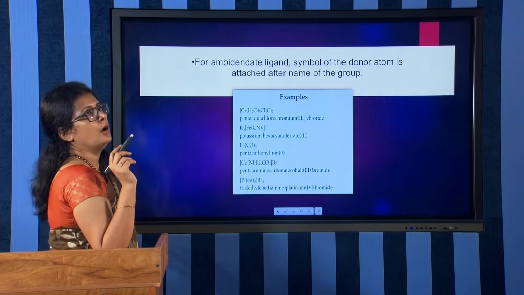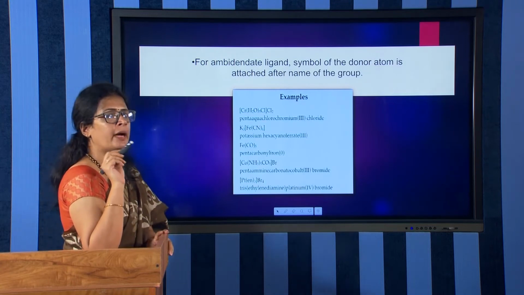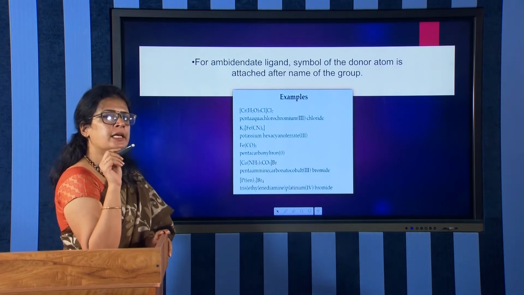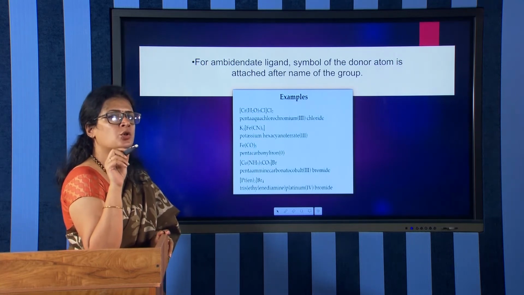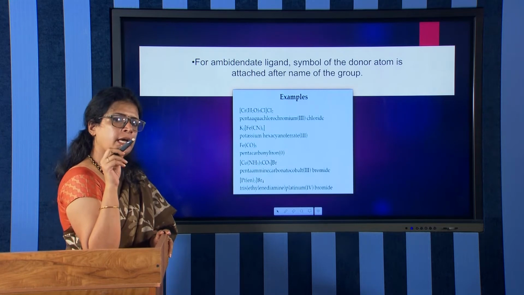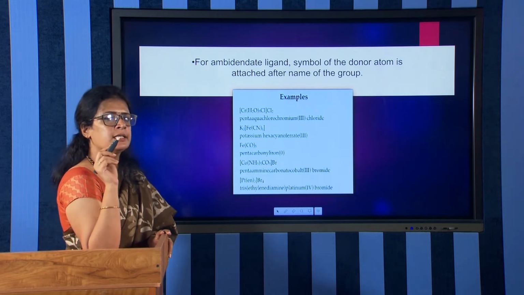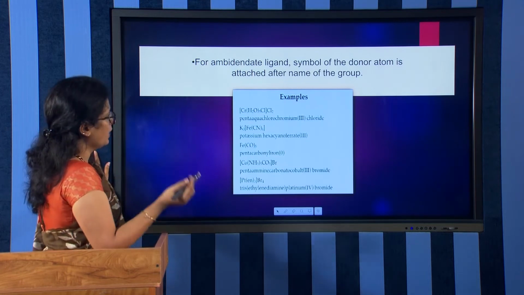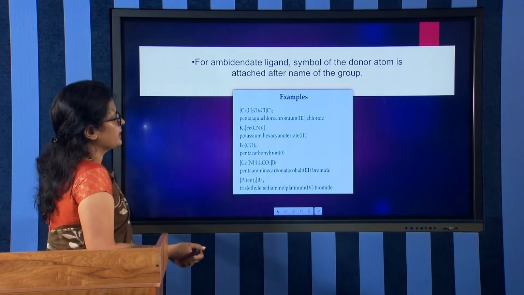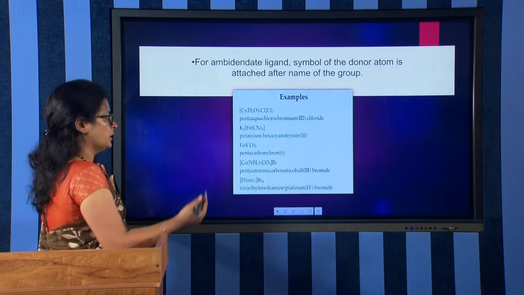For example, NO2 minus means nitrito-N. If it is ONO, nitrito-O, or this ONO can be named as nitrito. Okay. And now some examples of naming the complexes are worked out here.